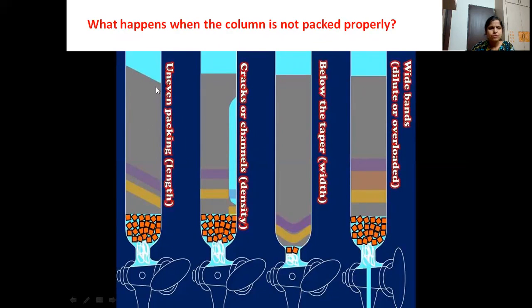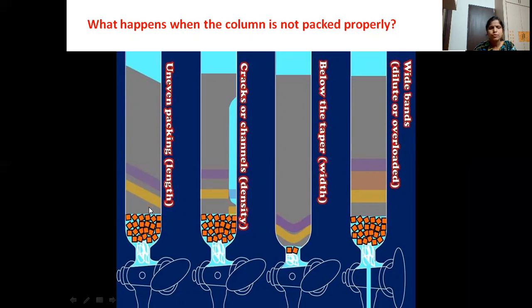See here, the level of this silica is not even. It should actually be like this. This is a uniform packing of the column, but here you can see it is not straight. The layer is bent. So when you fill the column in this way and the separation takes place, you will find bands like this.